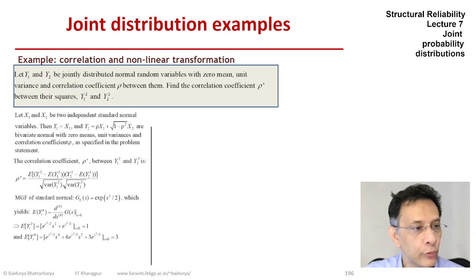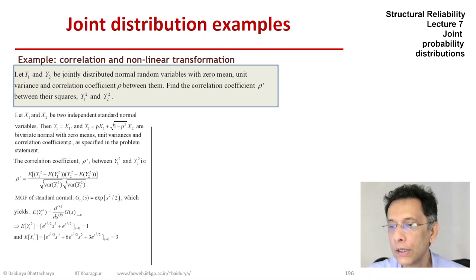So if we go through the steps, the expectation of y1 squared is 1, which is also expectation of y2 squared, and expectation of y1 to the power of 4 turns out to be 3, which is also the same for expectation of y2 to the power of 4.